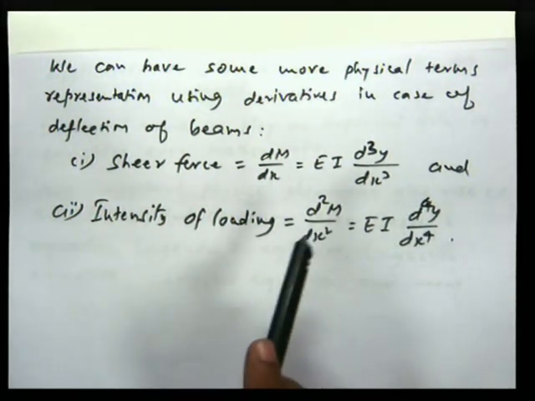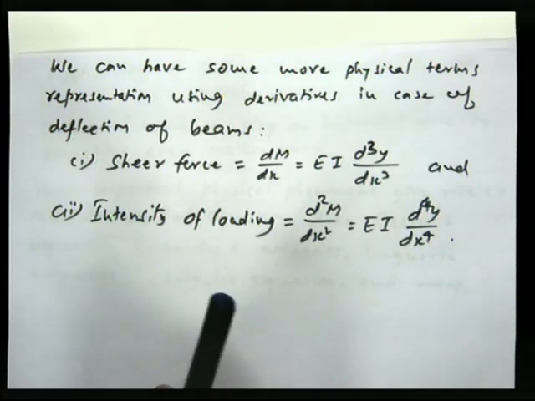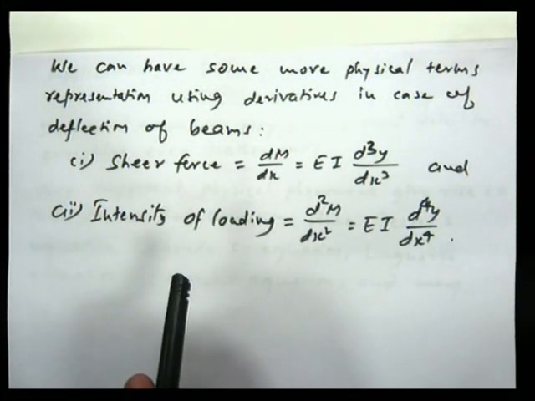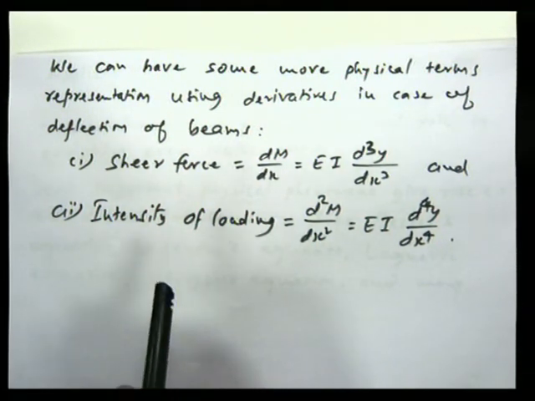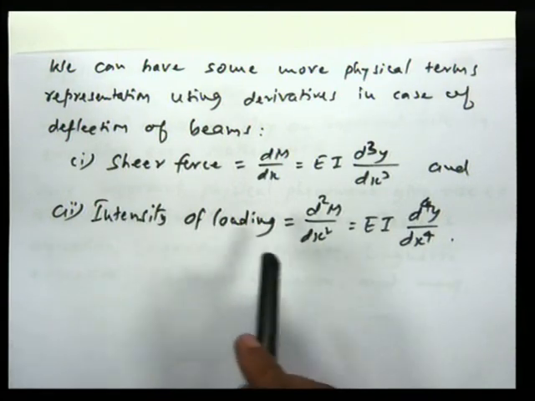So what we see here is that we can have even a fourth order derivative expression that can have some interpretation in terms of physical quantities.